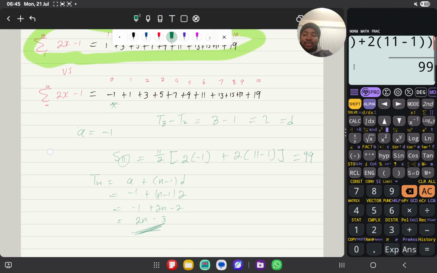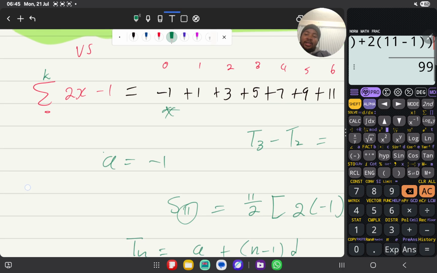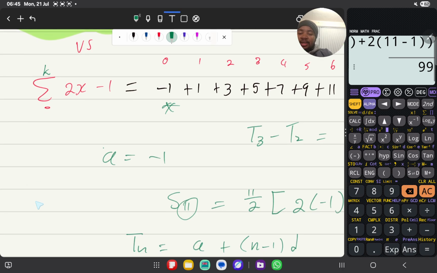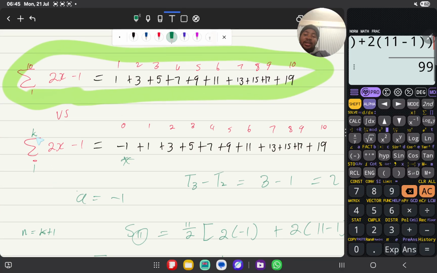So if here I put k, you can then say perhaps n equals k plus 1, right? And then here you would start from 1. Do you see it? Yeah, it's exactly the same thing. We had 10, right?